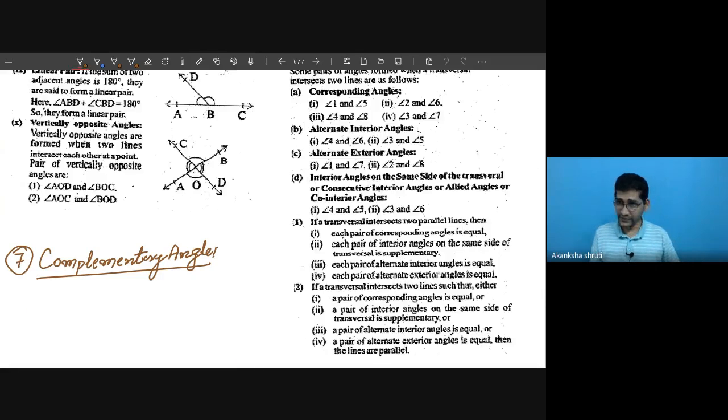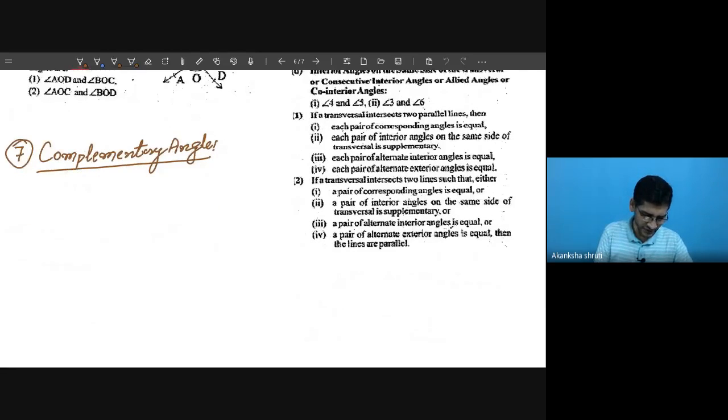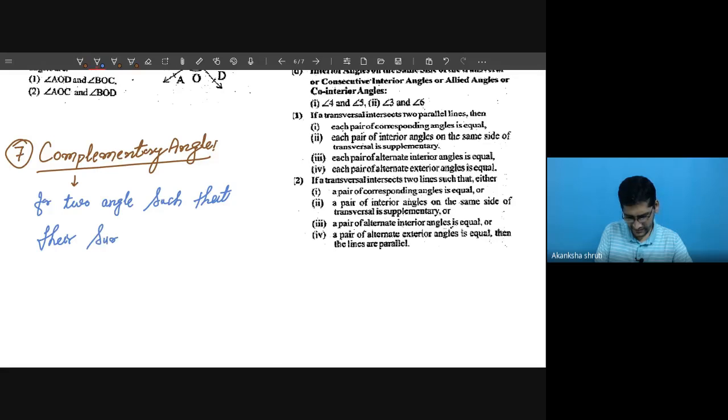Students, complementary angle means we have to take two angles. So complementary angle is always for two angles such that their sum is 90 degree.